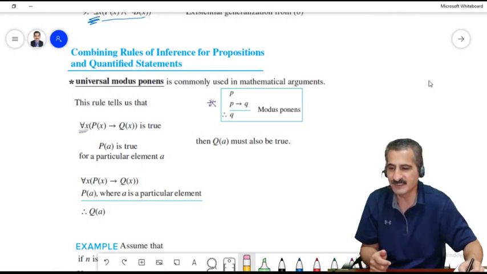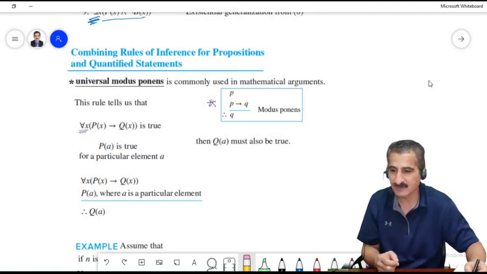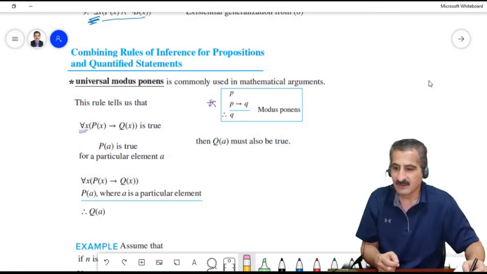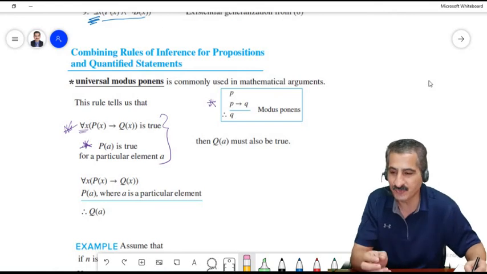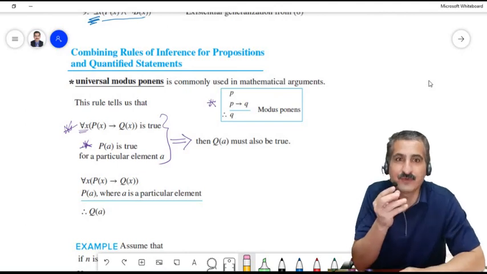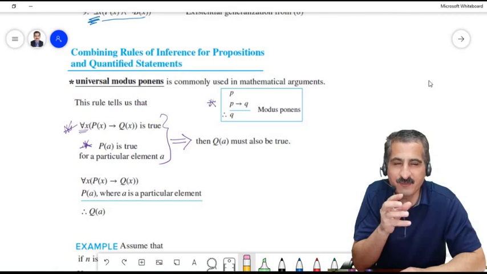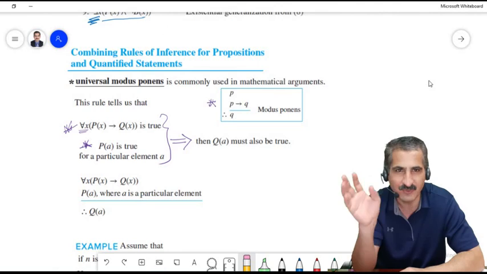It says, if for every x, P of x gives a Q of x, and we have this information, and if we have P of a is true for some a, then we must have Q of a is true. Now again, if we know that for every x, if we have P of x happening, then Q of x is happening, this applies for all x's in the domain.